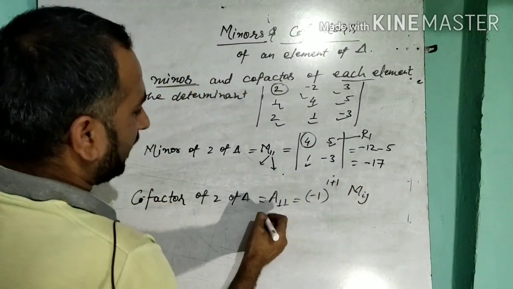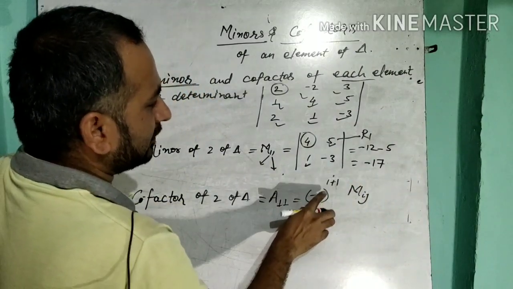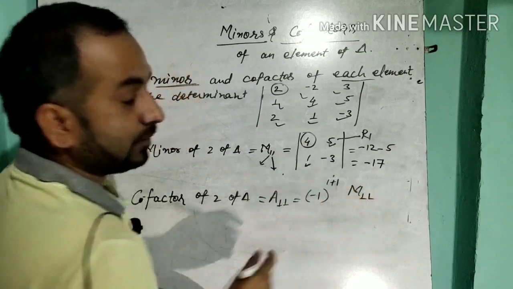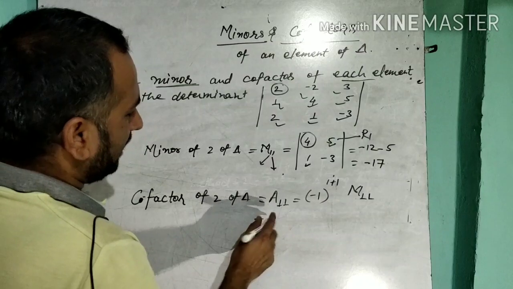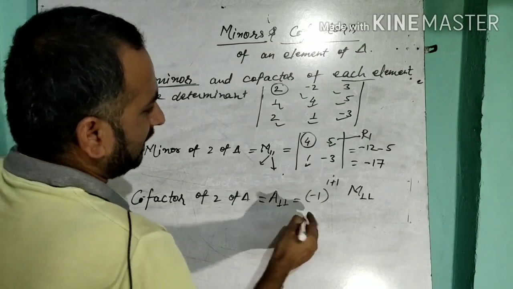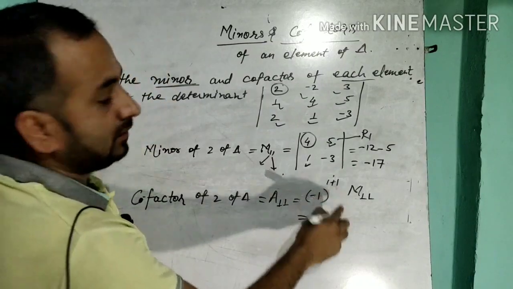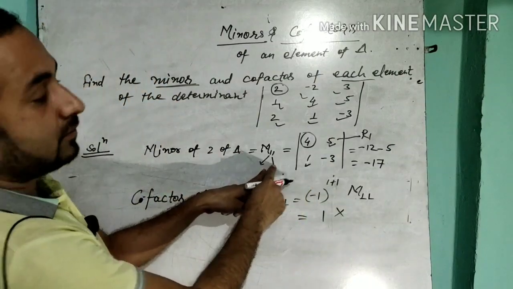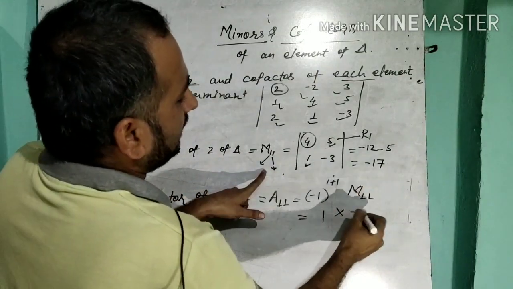Here I have taken 11, so the value i is 1 and j is also 1. So A11 is minus 1 to the power 2, this becomes 1, and M11 we have already found here, it is minus 17.